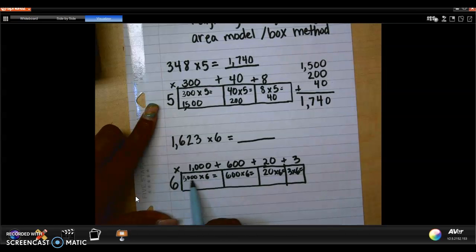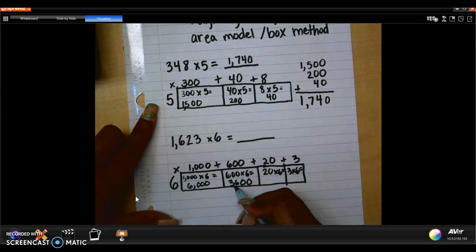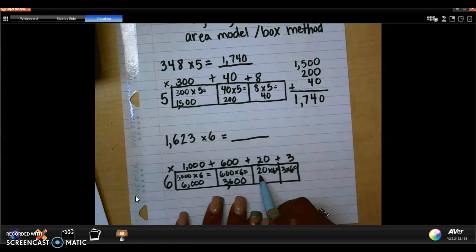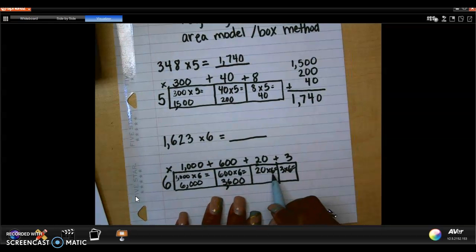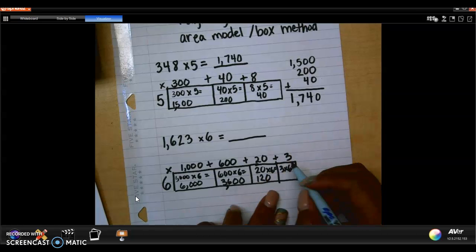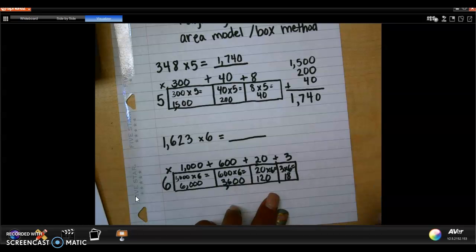So 6 groups of 1,000 makes 6,000. 6 groups of 600, or 600 groups of 6, I know that 6 times 6 is 36, and then there's 2 zeros, so that equals 3,600. I know that 20 groups of 6, 2 times 6 is 12, and then add the 0, and then 3 times 6 is 18.